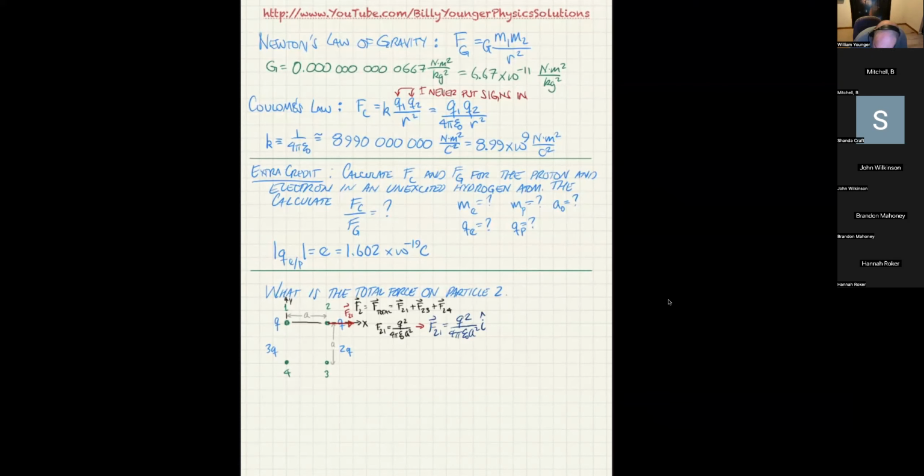F23 is again equal to, in this case, Q and 2Q. So I get 2Q squared over 4 pi epsilon naught. Notice their separation's also a, so I'm just going to put that as a squared in the bottom. So I now have the magnitude of that force as well.